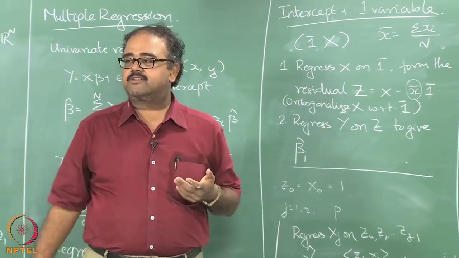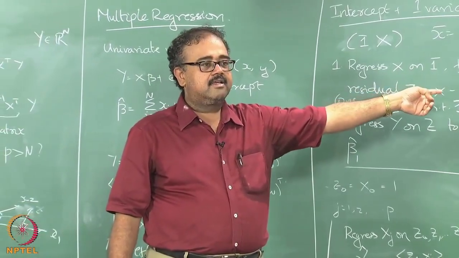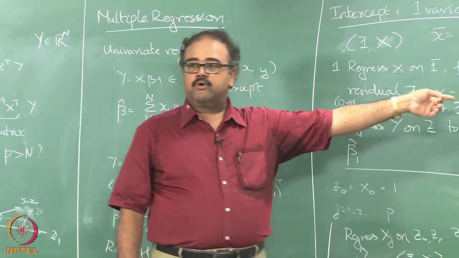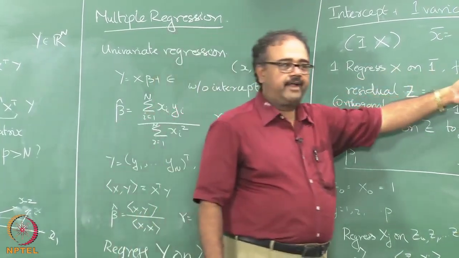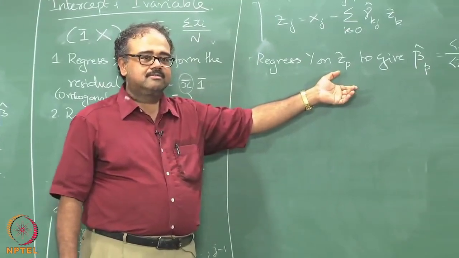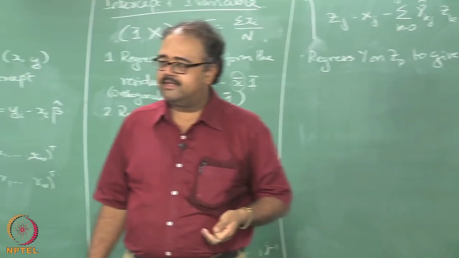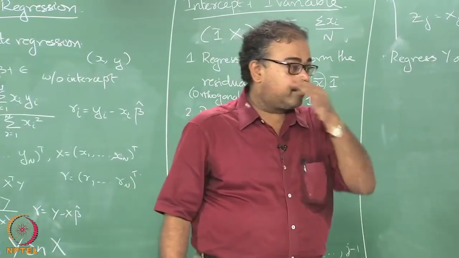If any of the variables is not independent, what will happen in this case? The residual will be 0, and essentially you will be trying to find how much would 0 contribute to the output, okay, that is not going to be a lot.